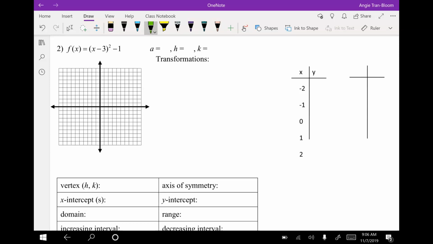So a value is immediately 1. H value, what is it? 3. K value, -1. Okay. I'm going to hold it right there before I go any further.